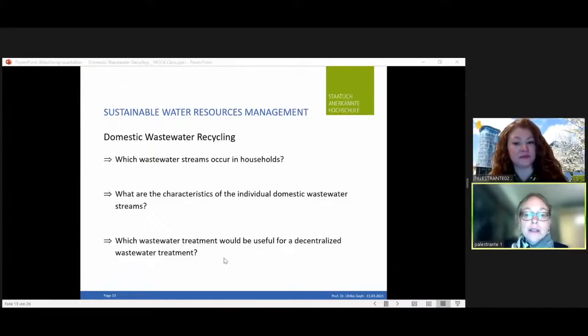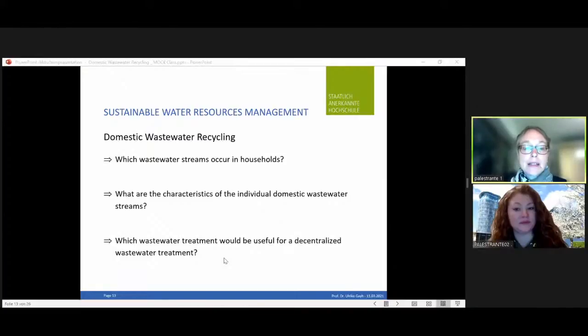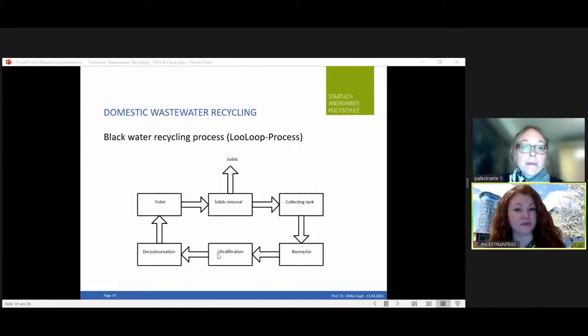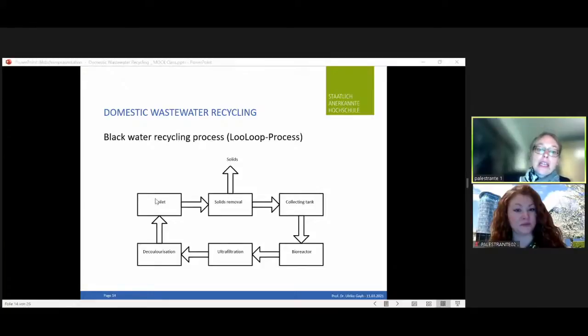Let's have a look at some examples, then you can understand more about these streams. Here is one called the Lulu Process, that is a black water recycling process. Here you have one box with the toilet.